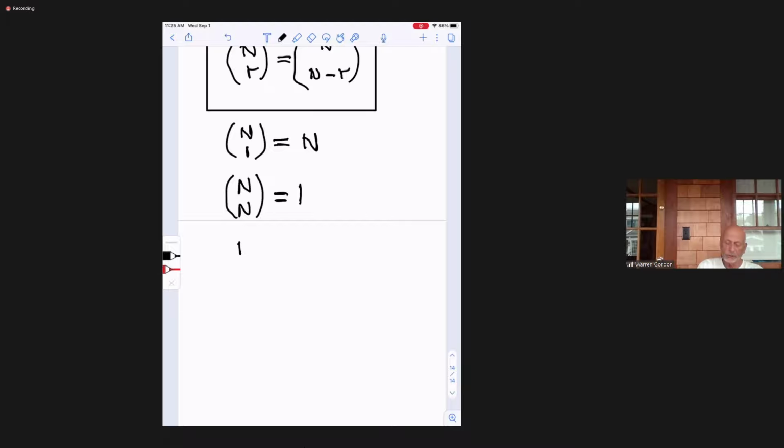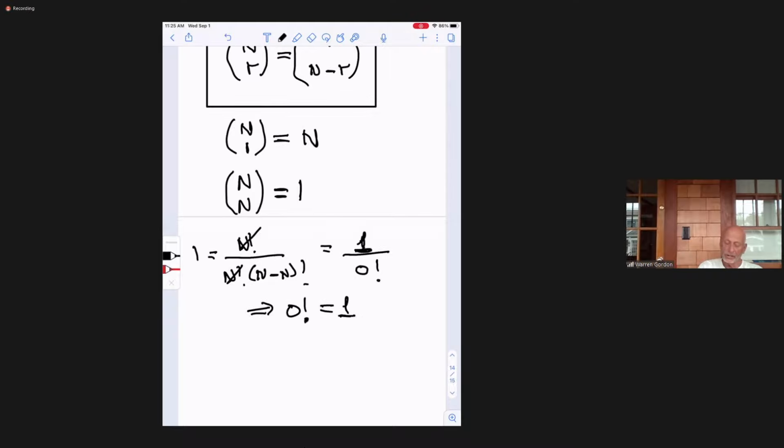Now, let's suppose we use the formula. We know this answer must be 1. This term cancels this term. n minus n is 0, so 0 factorial. In order for us to get the correct answer, what must 0 factorial be? Must be 1. So you see why, when I define 0 factorial, we needed to define it to be 1.